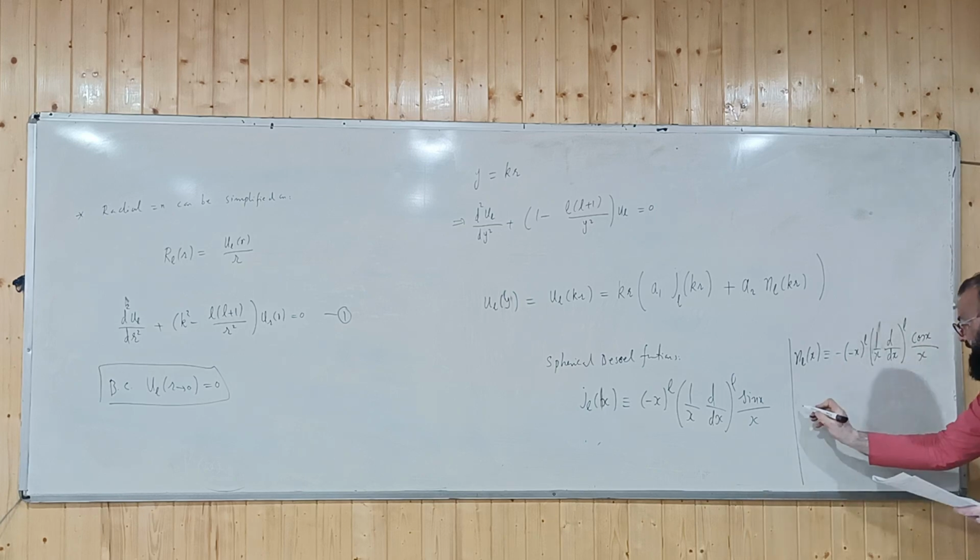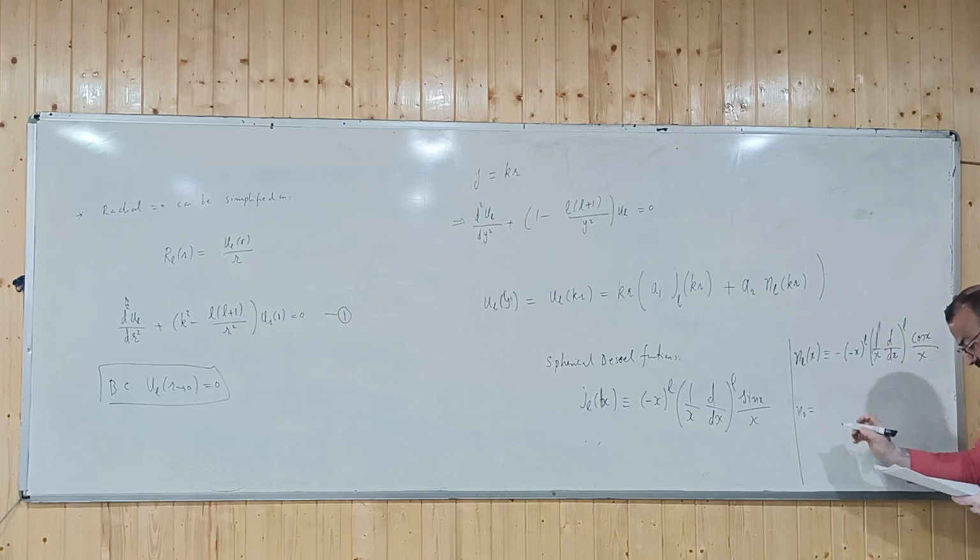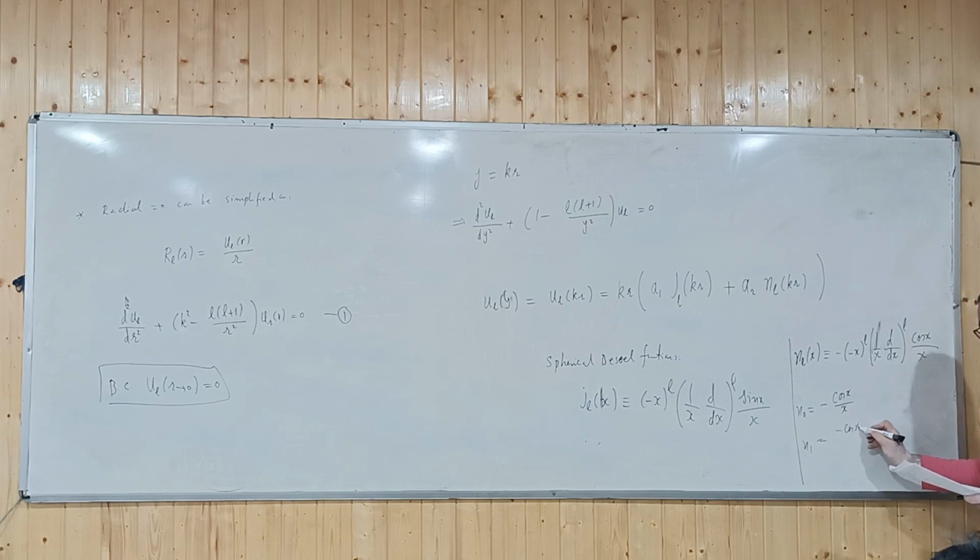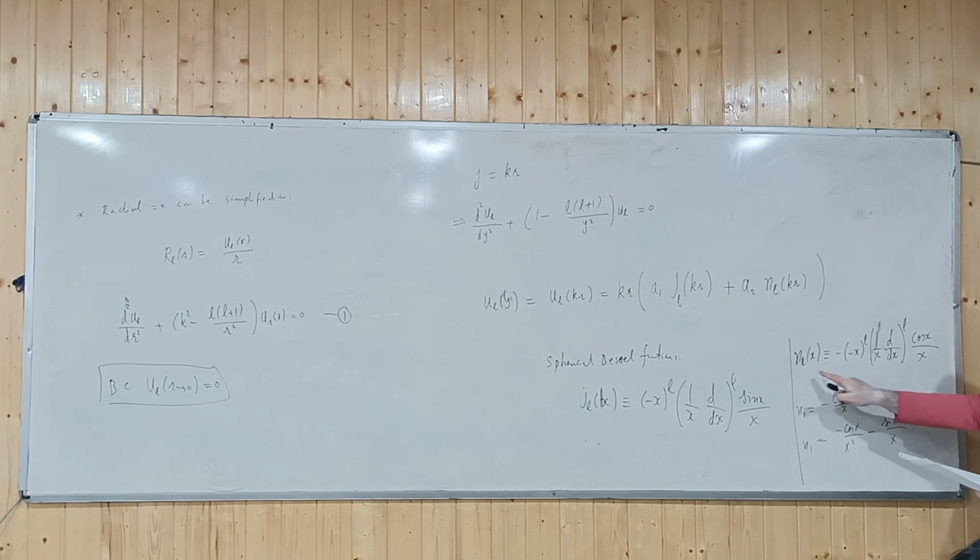Okay, so now let's take the n0 term. What is that equal to? It is minus cos x by x. And what is the n1 term? Minus cos x by x squared, minus sin x by x. So when you take l equal to 0, it is simply cos x by x. Take n equal to 1, it is simply differentiation of this object, which will give you two terms. Clear?